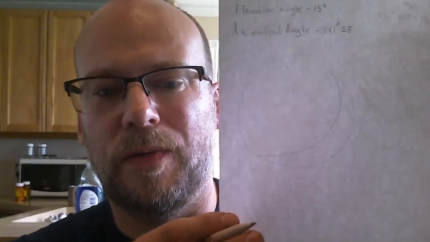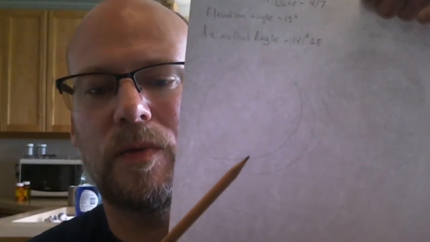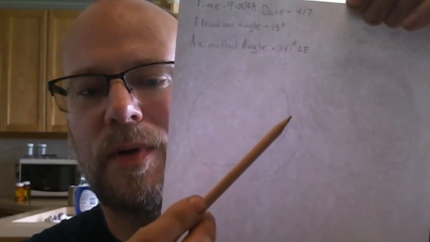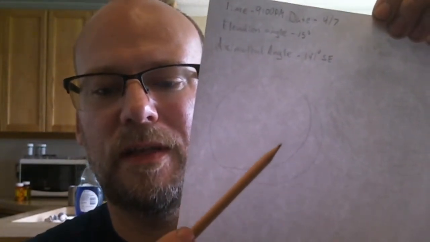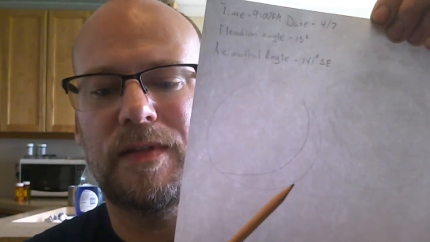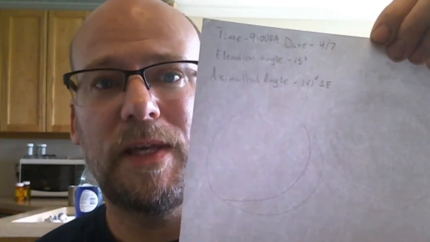Now what I want to do is shade in. I like to shade in the dark part because I think that makes more sense, and it leaves the illuminated part white, so it looks more like it's illuminated. You can do it either way, you can shade in the illuminated part if you want, but you just have to be consistent so we know what our observations are as we look at them.